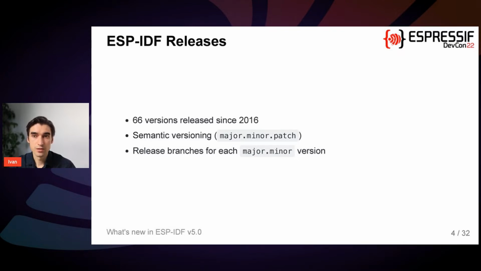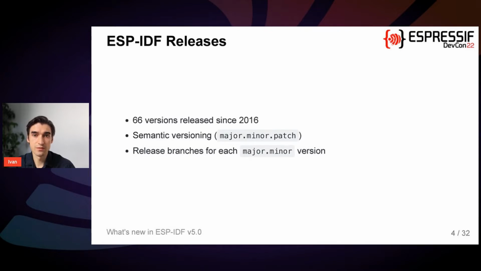The patch component of the release number is incremented to indicate that the release contains bug fixes. The minor component of the release number gets incremented to indicate that the release may contain bug fixes and new features, and the major number is incremented to indicate that, aside from new features and bug fixes, the release may also contain breaking changes.